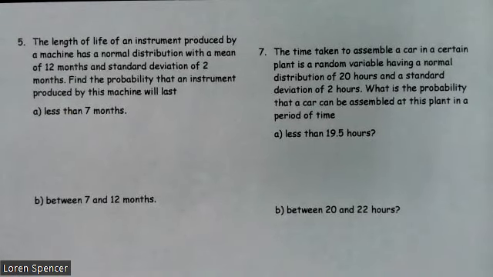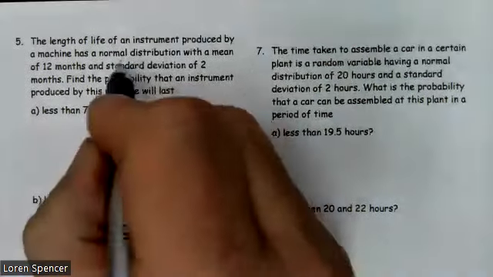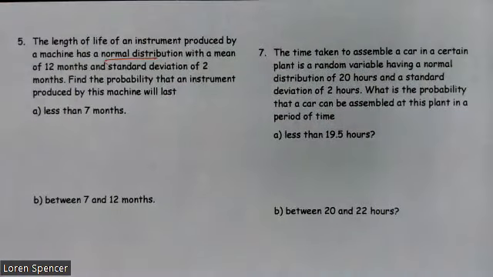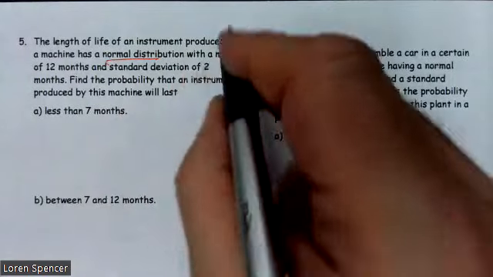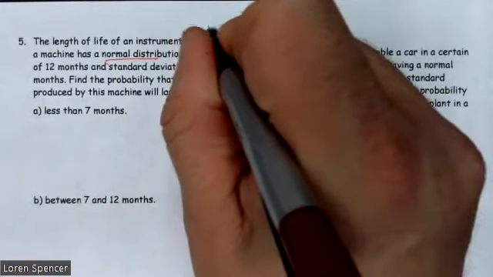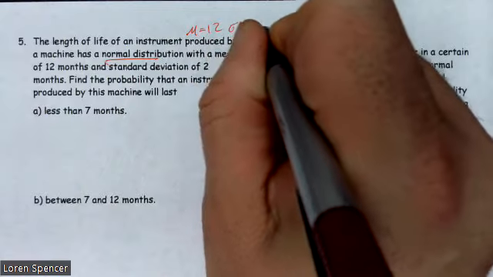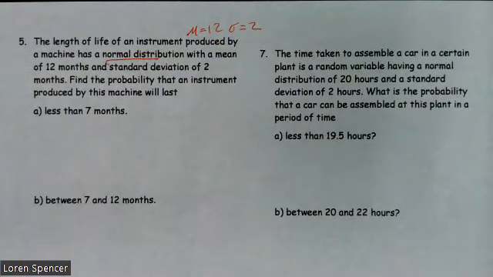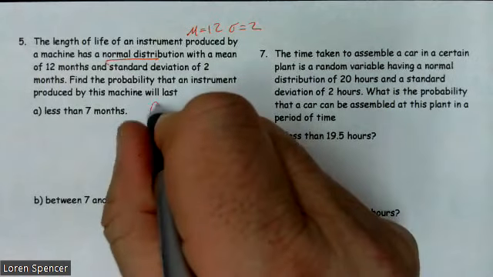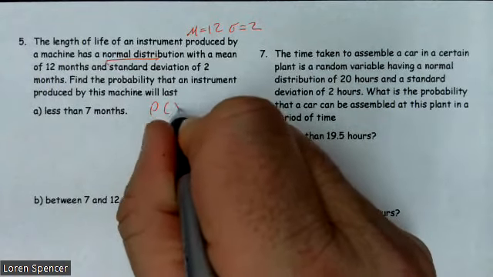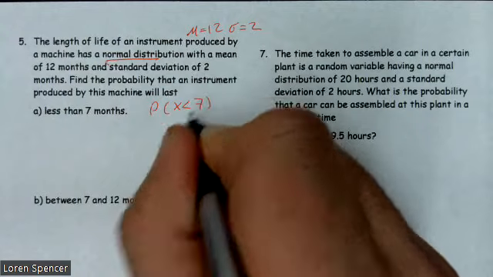All right. The length of life of an instrument produced by a machine has a normal distribution with a mean of 12 and a standard deviation of 2. So mean equals 12, standard deviation is 2. Find the probability that it is less than 7. So we want the probability that X is less than 7.